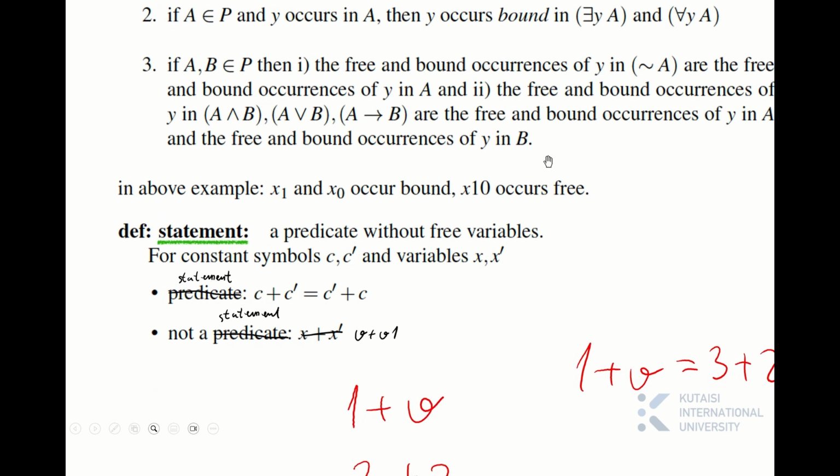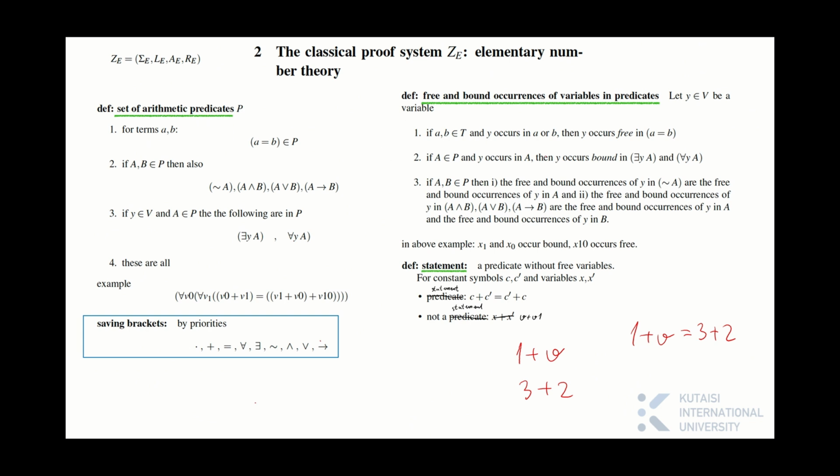And finishing off, a statement is a predicate without free variables. For example, the Goldbach's conjecture that we wrote down was a statement because the truth value of it in our heads does not depend on a variable. So a statement is any predicate, something that has a truth value in our heads, such that its truth value is somehow fixed.